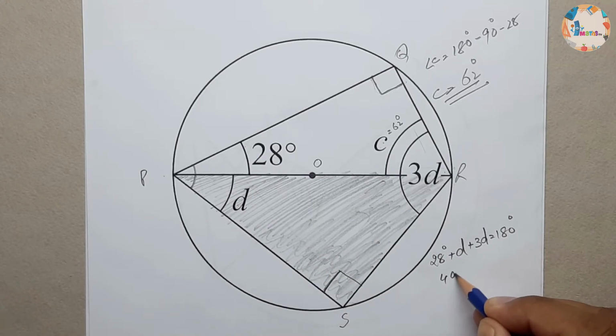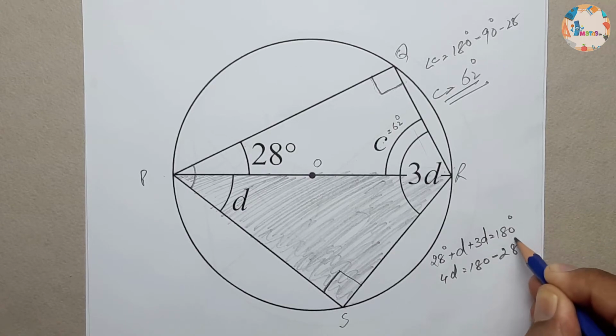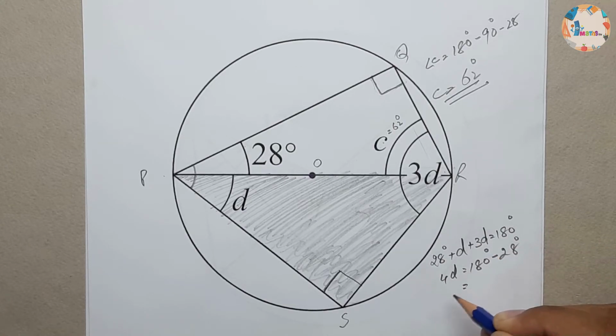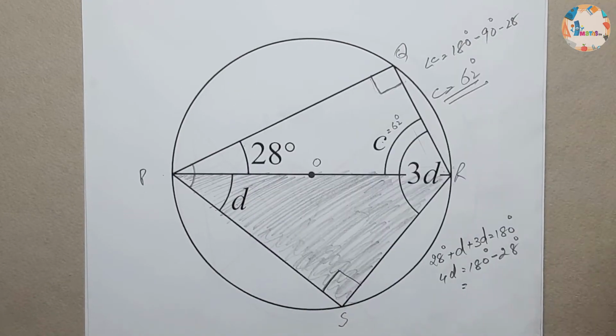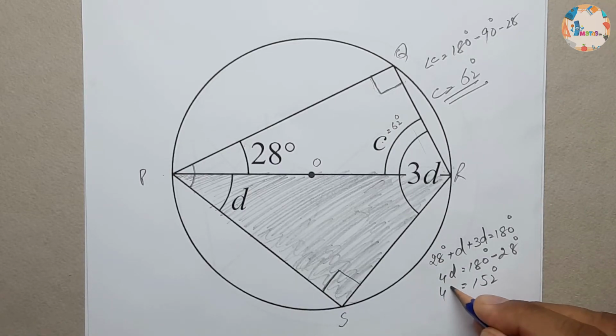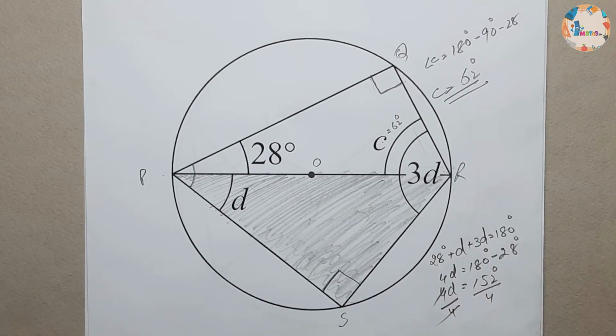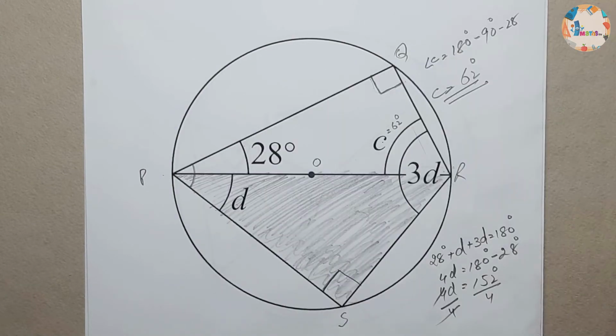So 4D will be equal to 180 minus 28 degrees, and 180 minus 28 will be 152 degrees. 4D is equal to 152. Dividing by 4 on both sides, 152 divided by 4 is equal to 38.